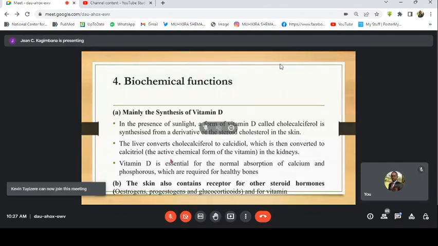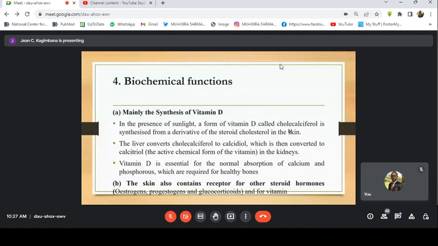Just with the presence of sunlight, there is a formation of vitamin D called cholecalciferol, which is synthesized from a derivative of the steroid cholesterol in the skin.